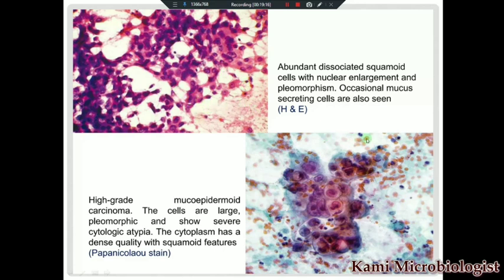And then we have another field that is showing high grade mucoepidermoid carcinoma. The cells are large, polymorphic, and show severe cytologic atypia. The cytoplasm has a dense quality with squamous features.